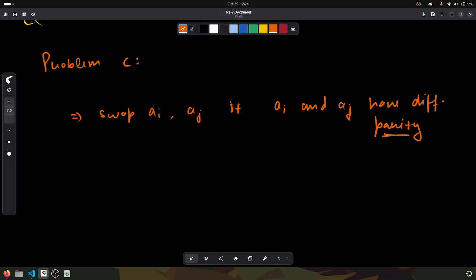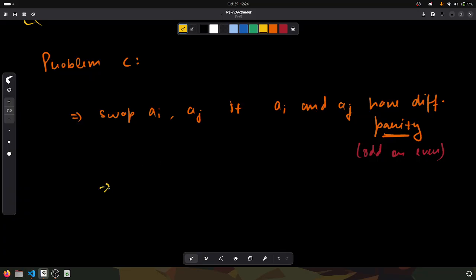Basically, what is parity? Parity is nothing but even or odd. So if AI is odd and AJ is even, we can swap them. If AI is even and AJ is odd, we can swap them. But if both are even or both are odd, we cannot swap them.